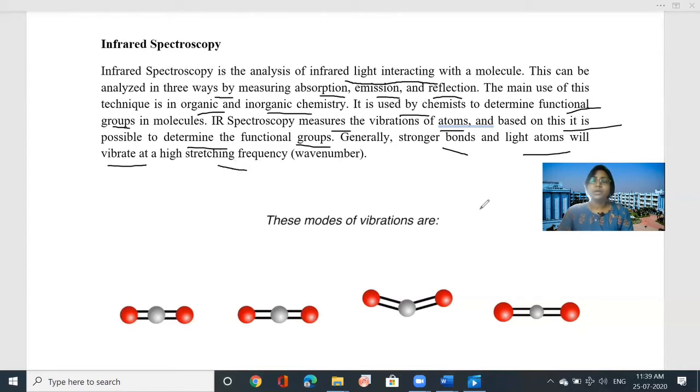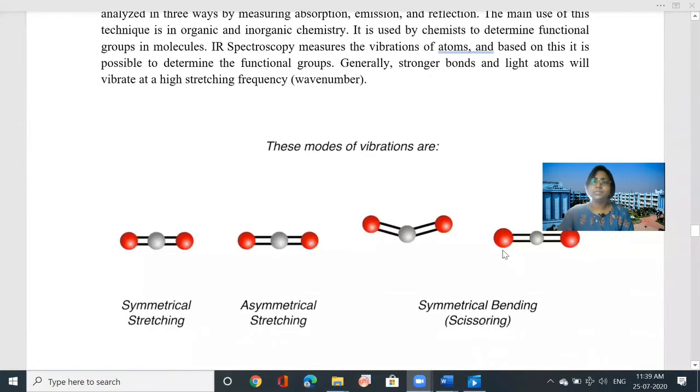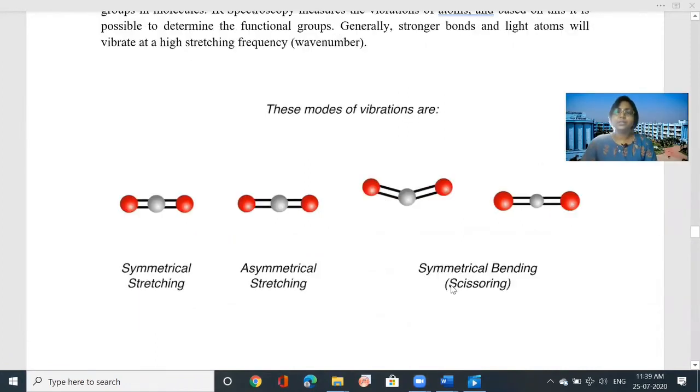So you understood that it basically shows the vibration of an atom. Now you can see the picture of the vibration in the CO2 molecule. CO2 is symmetric, like O2. O2 has no net dipole moment, that is why O2 is IR inactive.